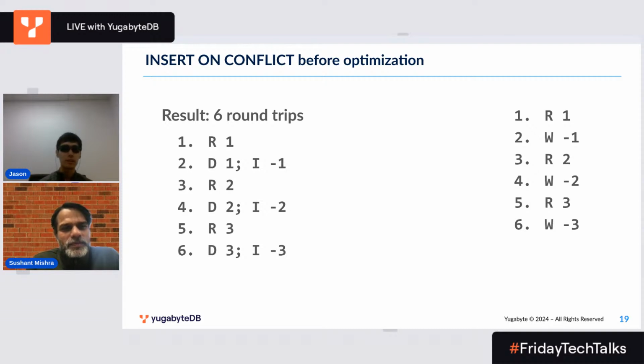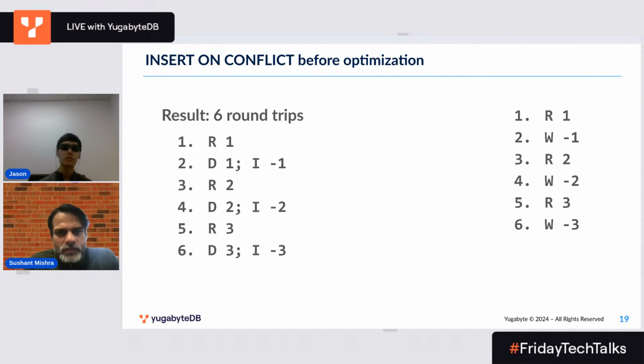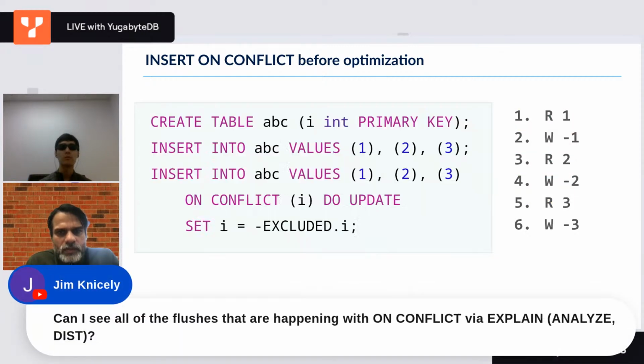Yeah, Jim had a question about whether the update in on-conflict honors constraints. It depends on whether you specify that in your on-conflict clause. If I go back to this, we specified an I, it said on-conflict I do update.